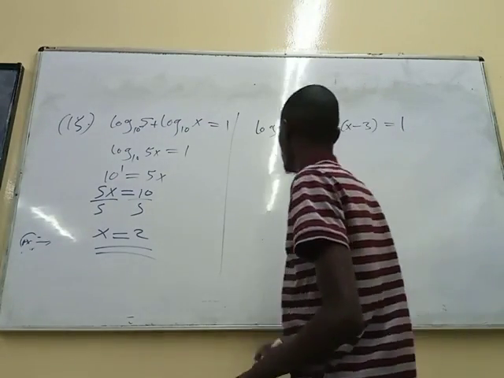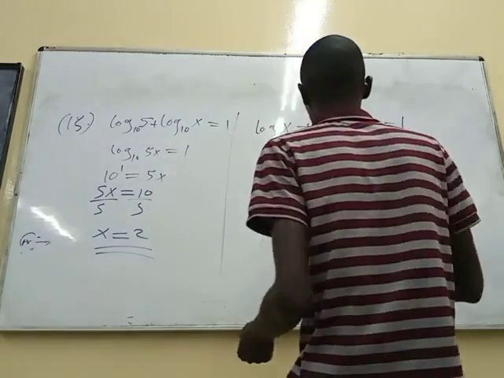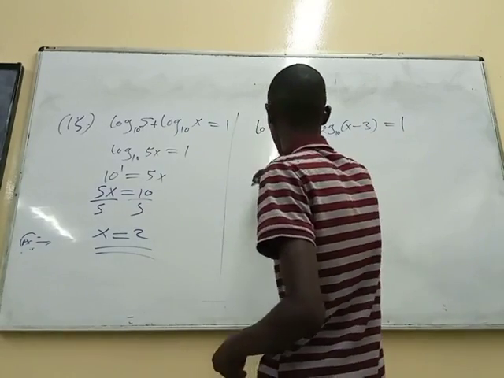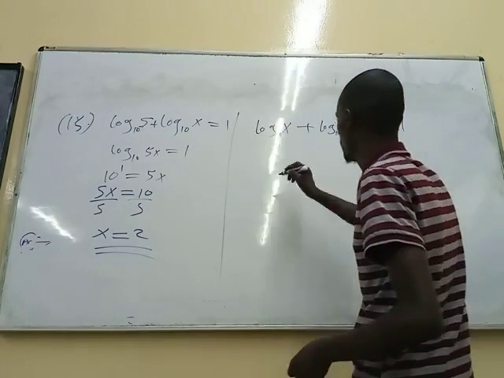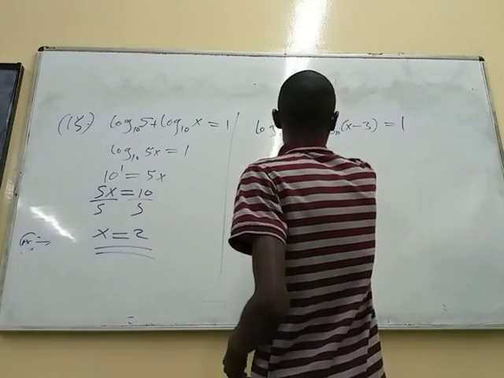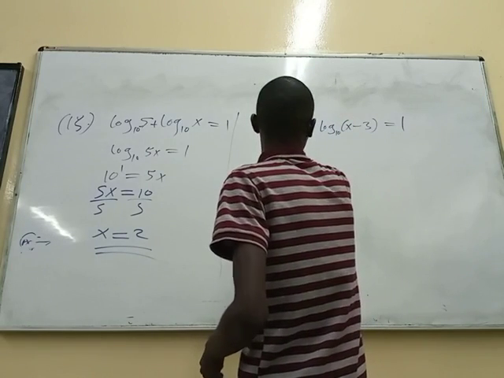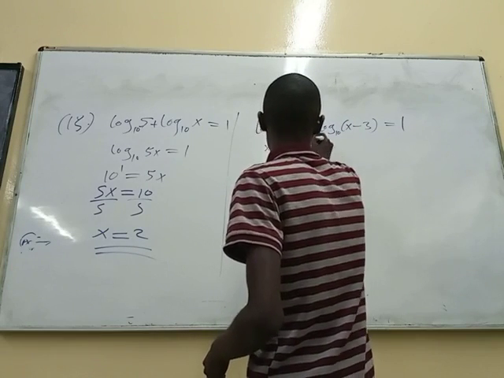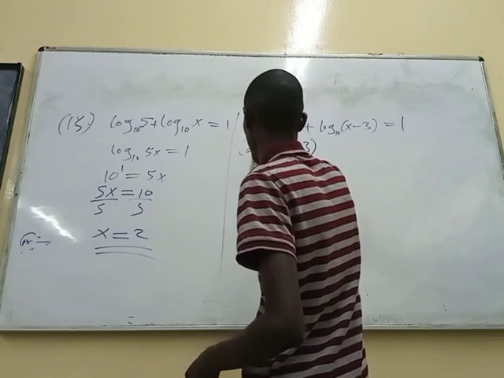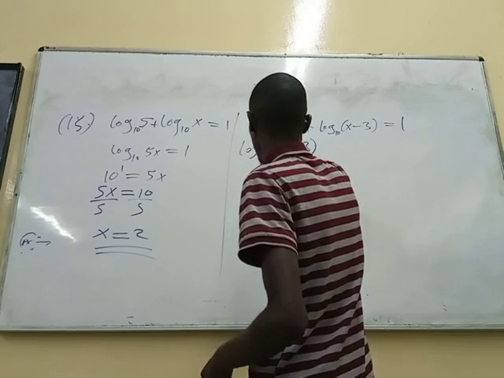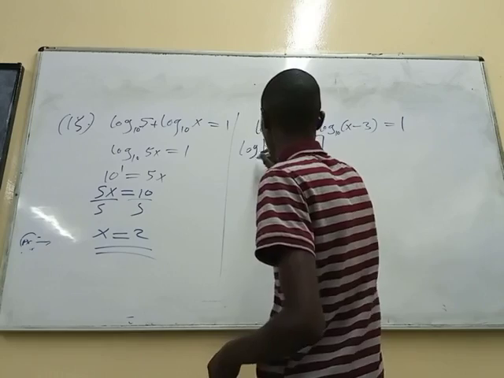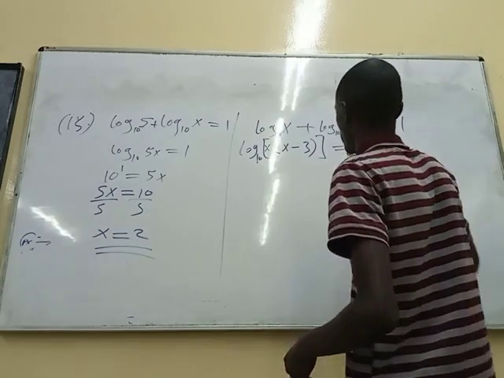Okay, so here you do the same again. You're adding two logarithms, meaning you're going to be multiplying the functions there. So we're going to say this x times that. Then we'll have the log here with the base 10 is equal to 1.